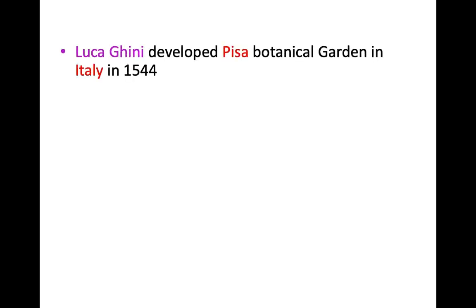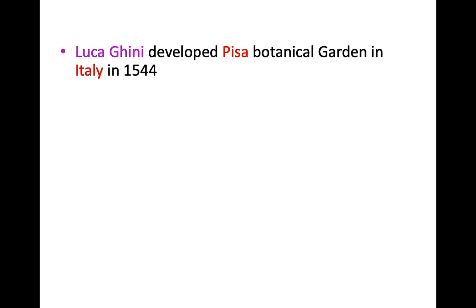Luca Ghini developed the Pisa Botanical Garden in Italy in 1544. It was Luca Ghini who initiated the art of herbarium making by pressing and sewing plant specimens on thick sheets of paper.